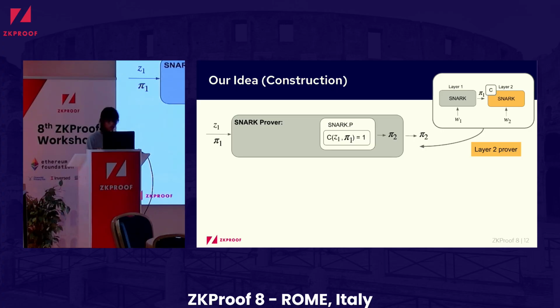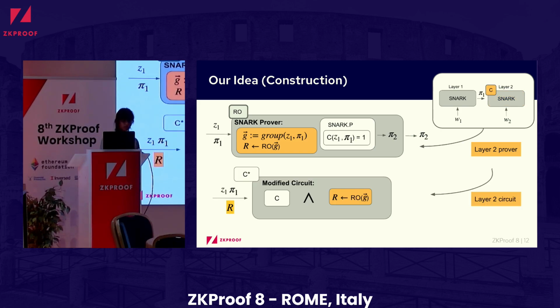Right, so concretely, this is the layer 2 snark prover, and we just add this additional step where it needs to process the input Z1 and pi1, extract the group elements from this, and query them to the random oracle. Then we change the circuit C slightly to C star, where it also proves that these responses are actually coming from the random oracle.